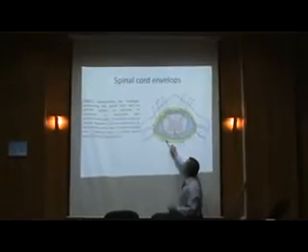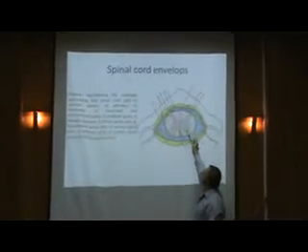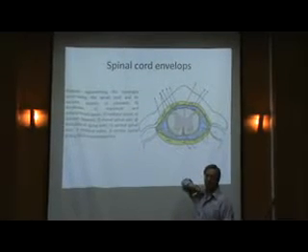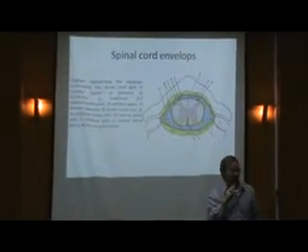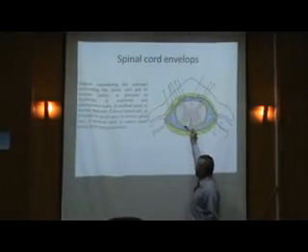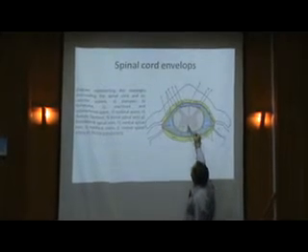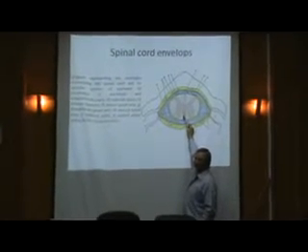These spaces are depicted here. This is the vertebral body, this is the spinal cord, and there are several envelopes, up to three layers. One layer is the pia mater. The pia mater ensheathes the spinal cord.